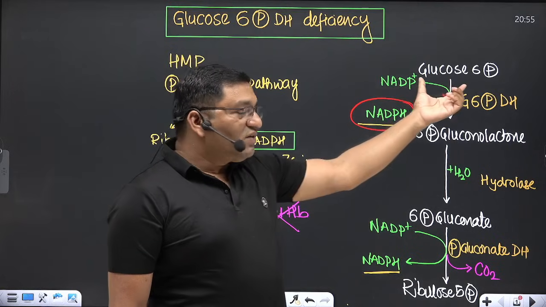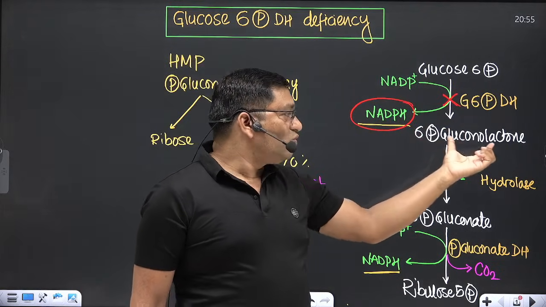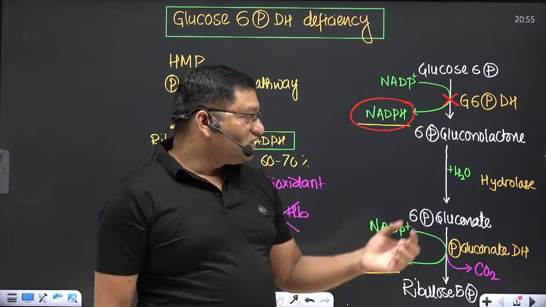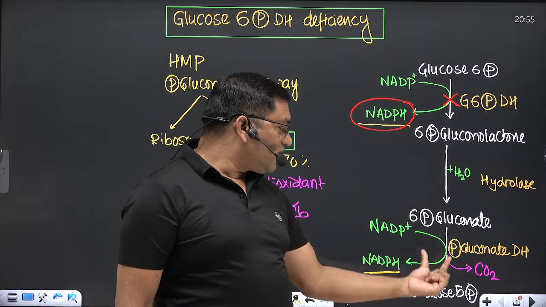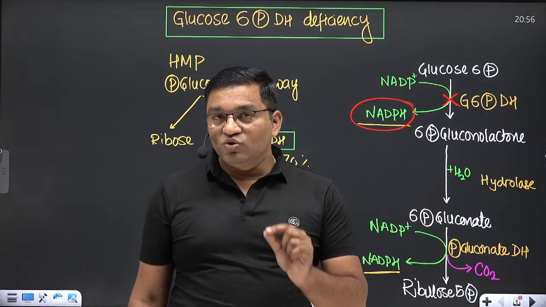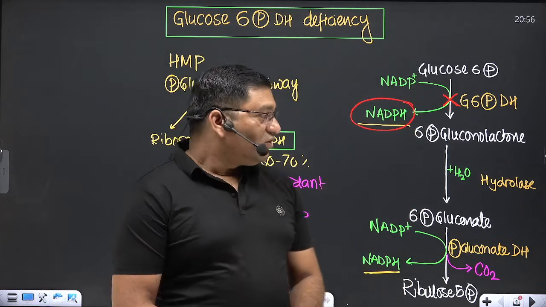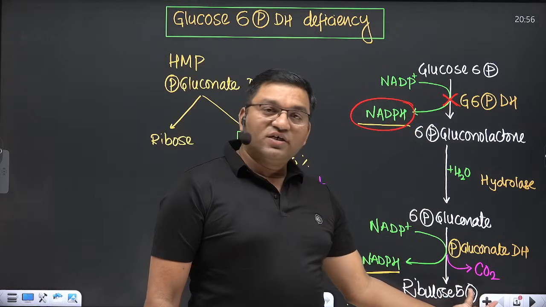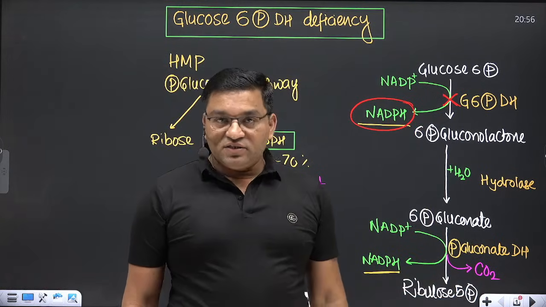Now, in this pathway, glucose 6-phosphate is oxidized into 6-phosphogluconolactone, which is hydrolyzed into 6-phosphogluconate, and by oxidative decarboxylation, it is converted into ribulose 5-phosphate. This is the oxidative phase of HMP shunt, where glucose is converted into CO2 and there is production of NADPH.